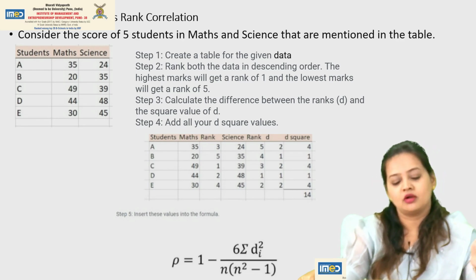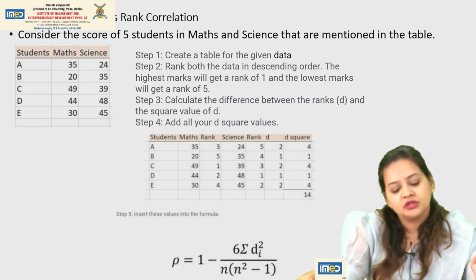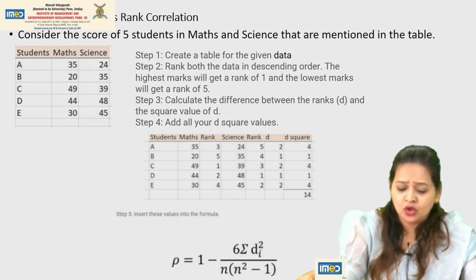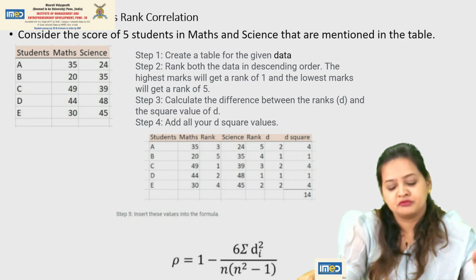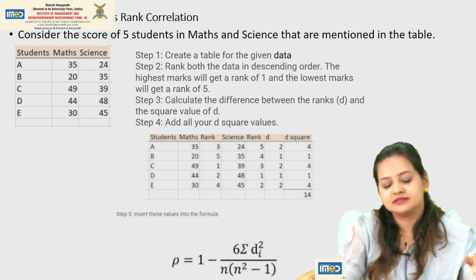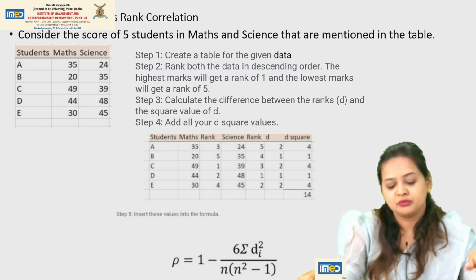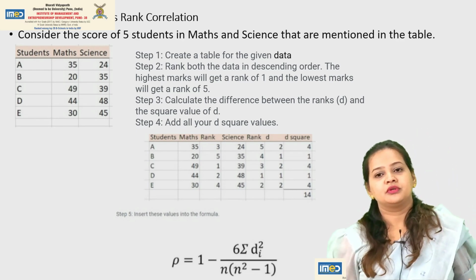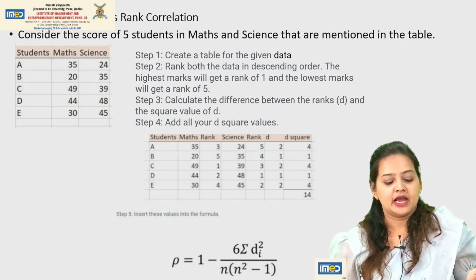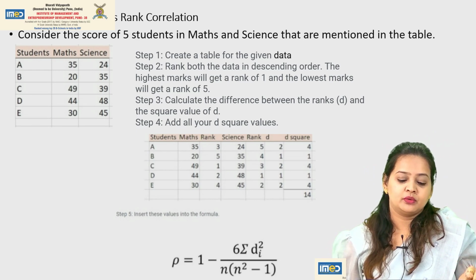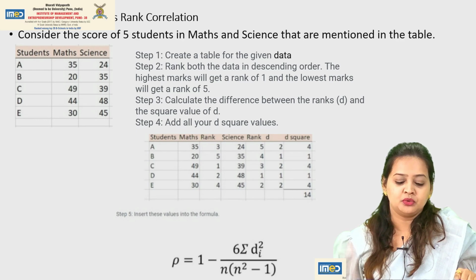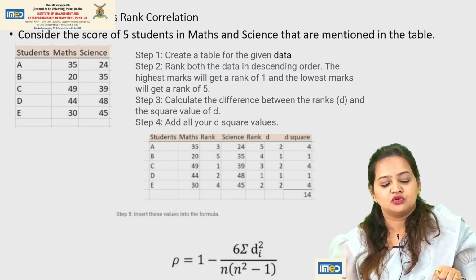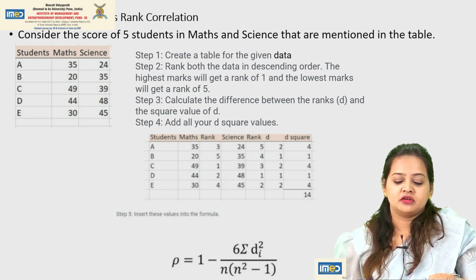Furthermore, the next column is d square. You will square the column d, which will be 4, 1, 4, 1, 4, and then finally the summation 14 is what you put into your formula. Now that you have all the values you require, you enter them: rho is equal to 1 minus 6 into summation di square, which we calculated as 14, divided by n, and n is 5.